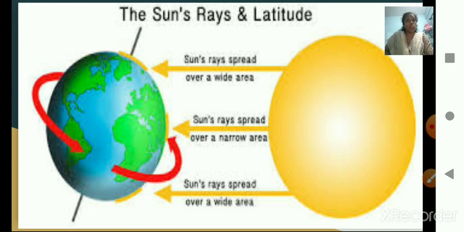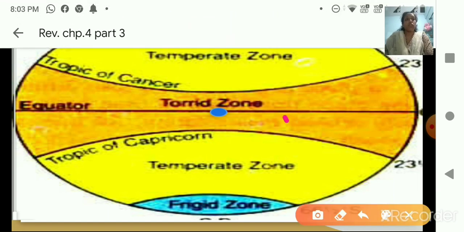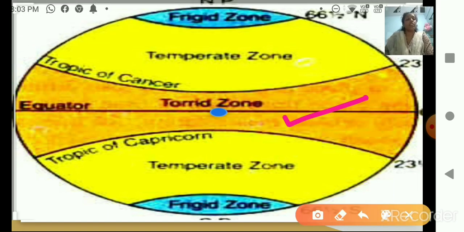Depending on the amount of heat received, there are 3 climatic zones on the earth. Let us see one by one. First one here we have is Torrid zone.